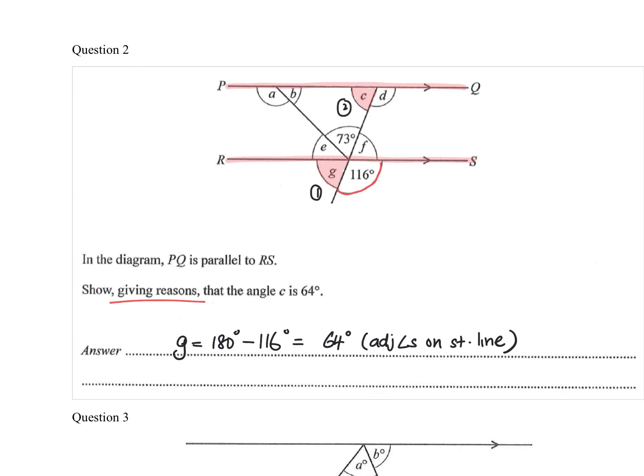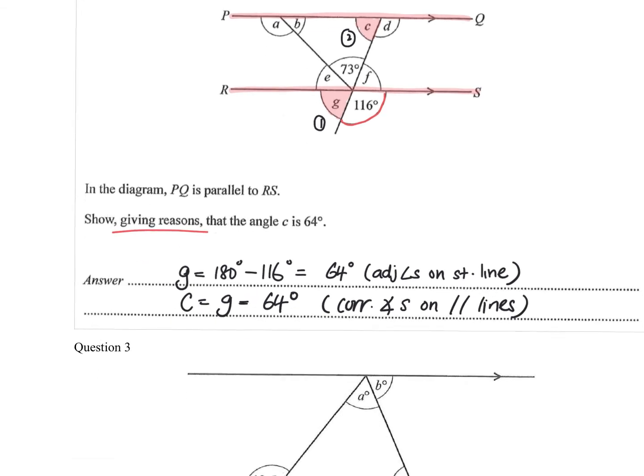Then after that, angle C equals angle G, which is equal to 64 degrees. This is because of corresponding, letter F, right? Corresponding angles on parallel lines. Have you gotten the answer? Now let's move on to the next question.